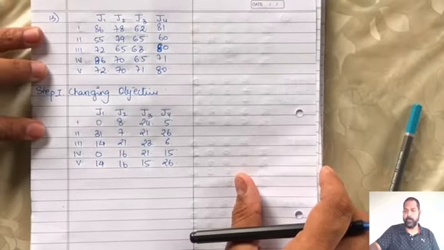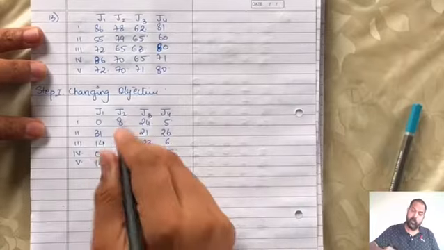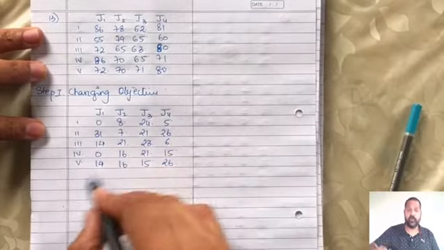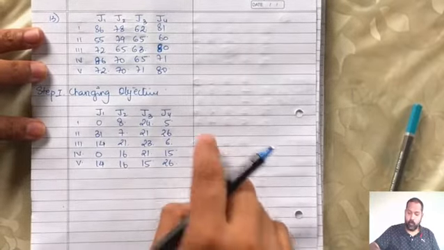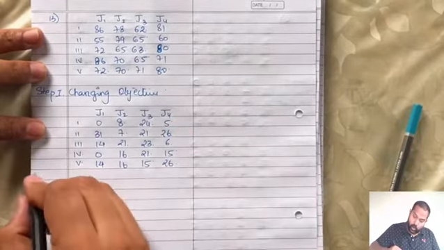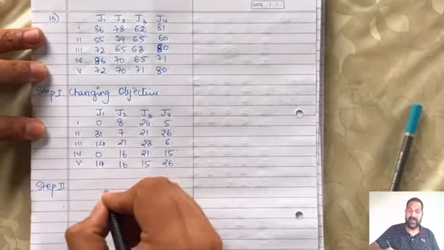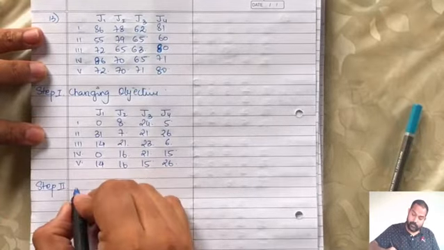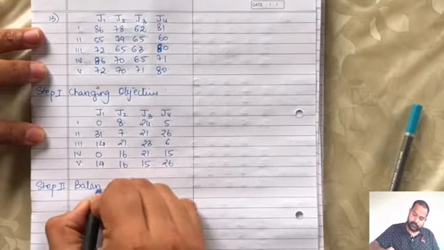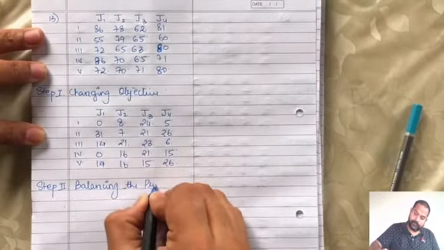Well, no, the problem is not balanced. How come? Well, there are 4 columns while there are 5 rows. I am 1 row short. Then I will go on to step 2, and that is balancing the problem.